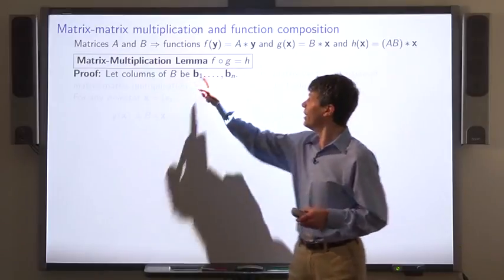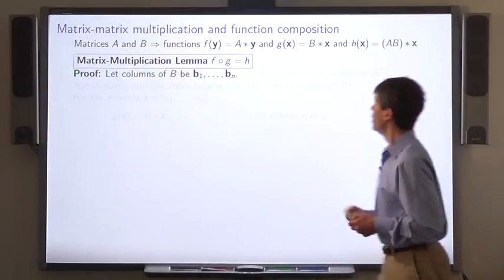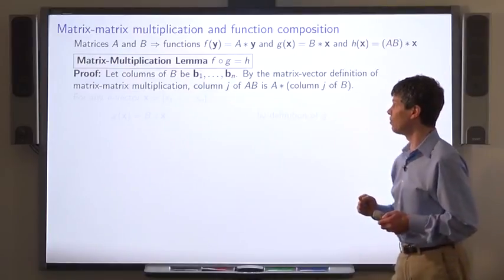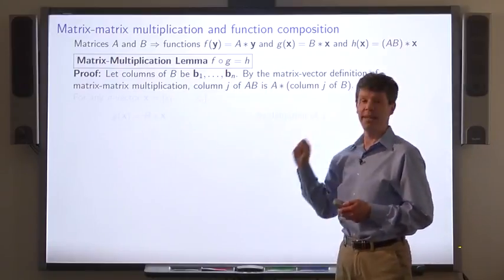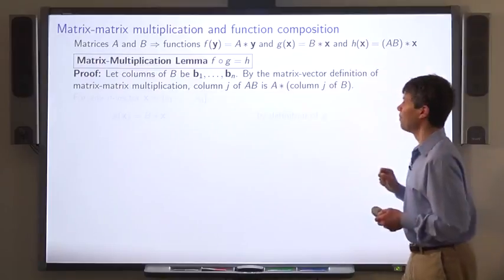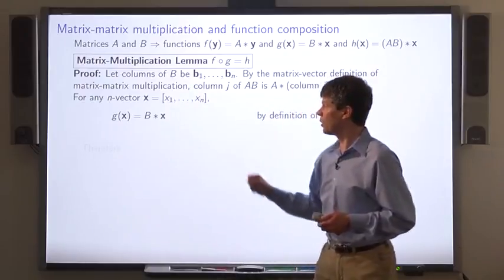For the proof, let the columns of B be the vectors b1 through bn. Now, by the matrix-vector definition of matrix-matrix multiplication, column j of the matrix product AB is A times column j of the matrix B. So let's take a vector x.